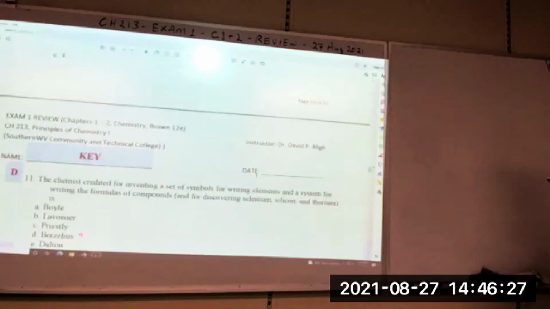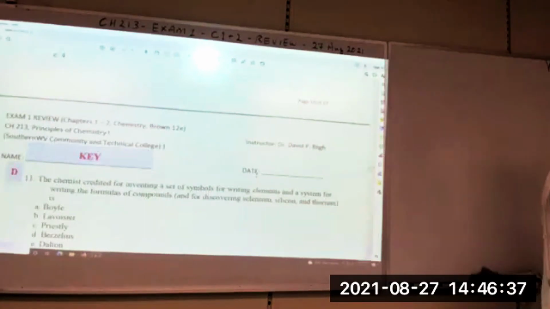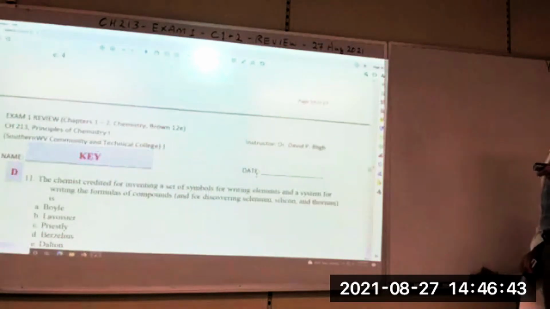It was this fellow right here, Berzelius, who's a Swedish chemist. In those days, early 1800s, I think, Sweden was very active in chemistry and physics. Well, where did dynamite come from? Came from Alfred Nobel. He was a Swede.